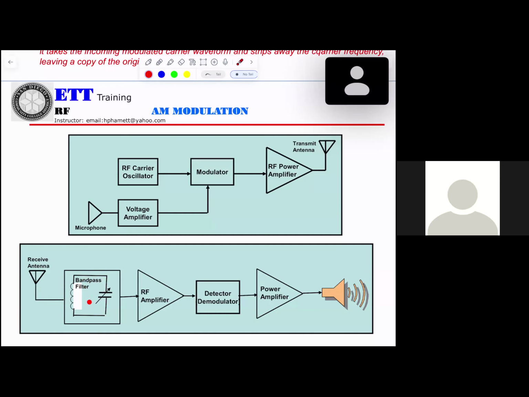That means when you select the radio station, only the frequency of that station is allowed to come in. Then it goes to the RF amplifier, then to the detector, the demodulator, then to the power amplifier and the speaker. In the process for radio, TV, cell phone, or phone, they work the same way.